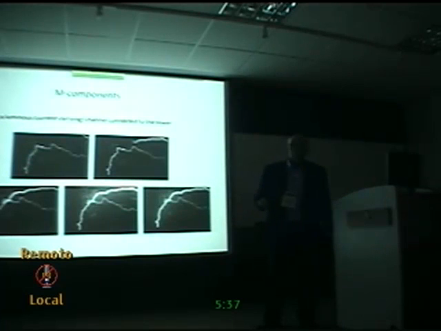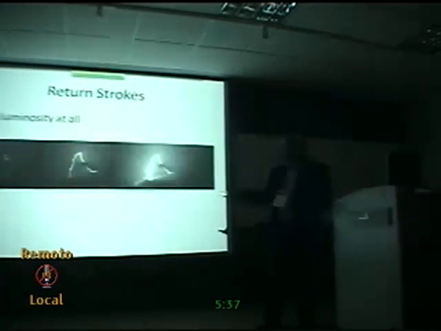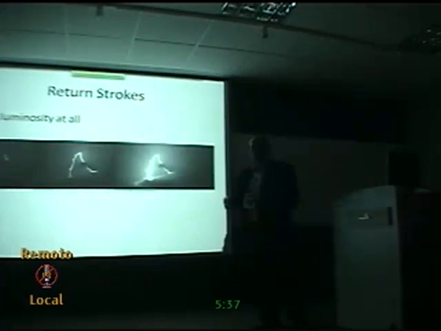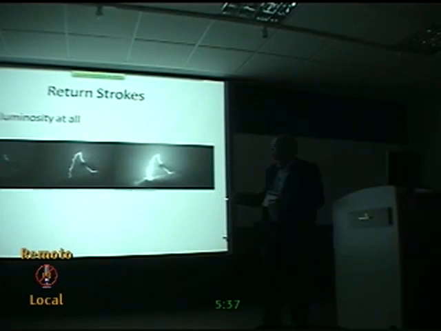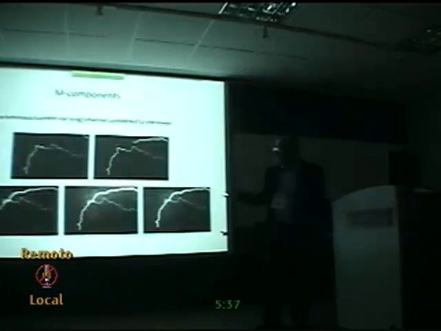Well, people usually say return strokes occur when there is no current at all, when there is channel cutoff. So we call these return strokes, and those M components. When we see the channel, even if it's very faint, we call it an M component. So you must be careful with this distinction because it's subtle.